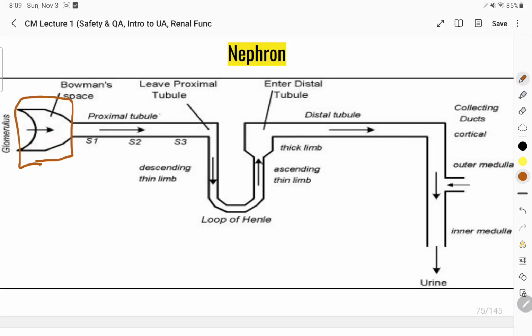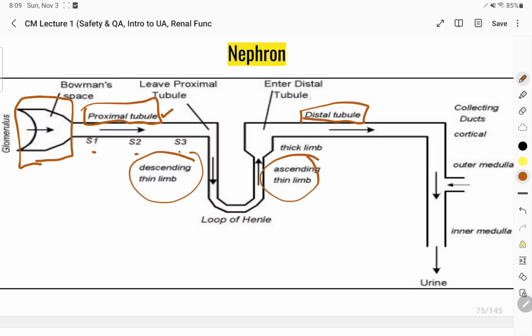And of course, we have the proximal tubule, segments 1, 2, and 3. And then the descending limb of Henle, then the ascending limb of Henle, and then the distal tubule, and then the collecting ducts. Then that is urine already. Okay?